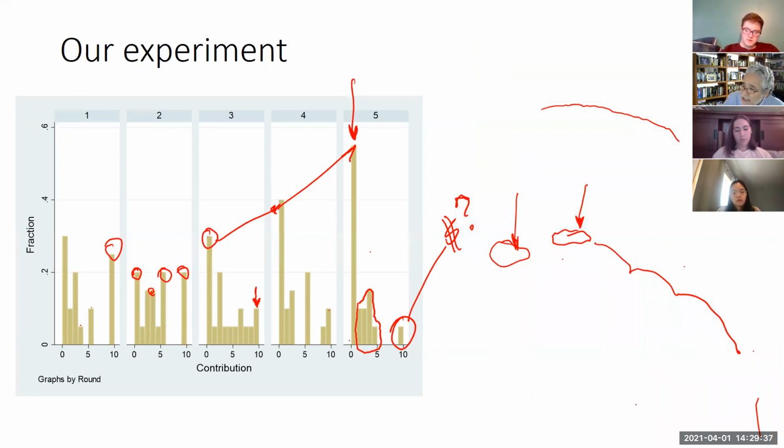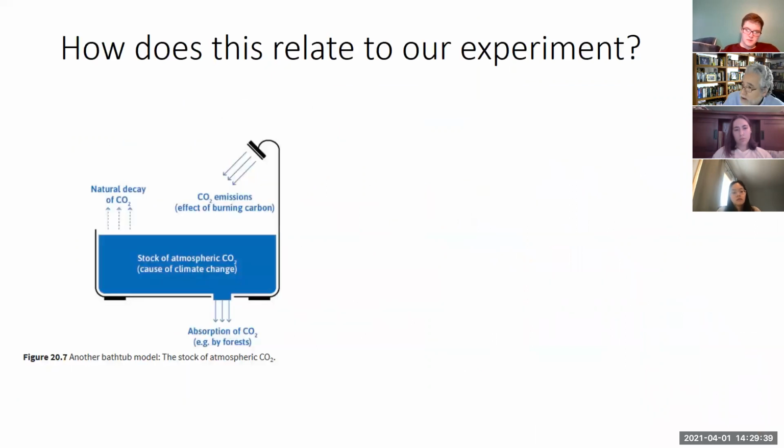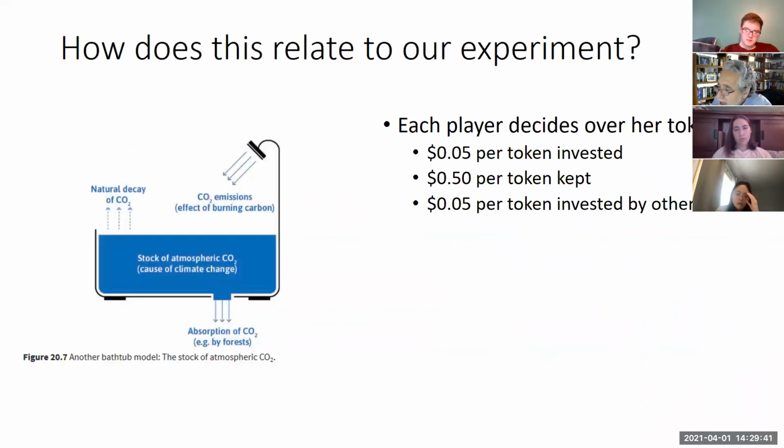But to me, the fascinating part is the following. Why is this so prevalent in economics? And why don't we talk much about this other part? And not only in the sense of you benefiting 5 cents per token invested by others, because this would be a quite individualistic approach to the problem.